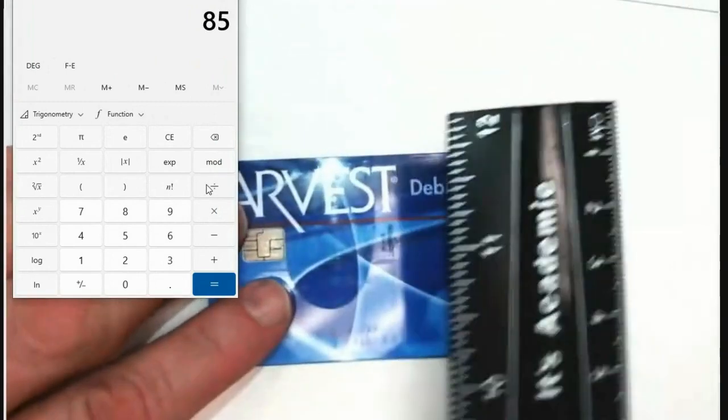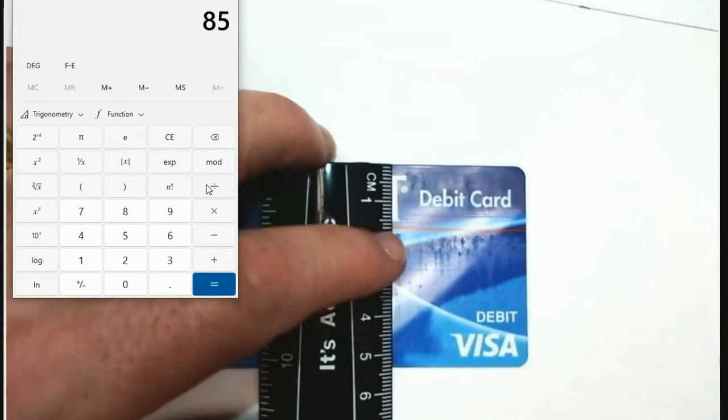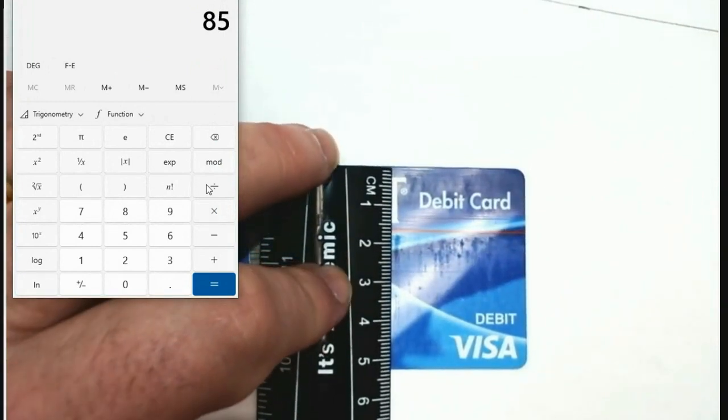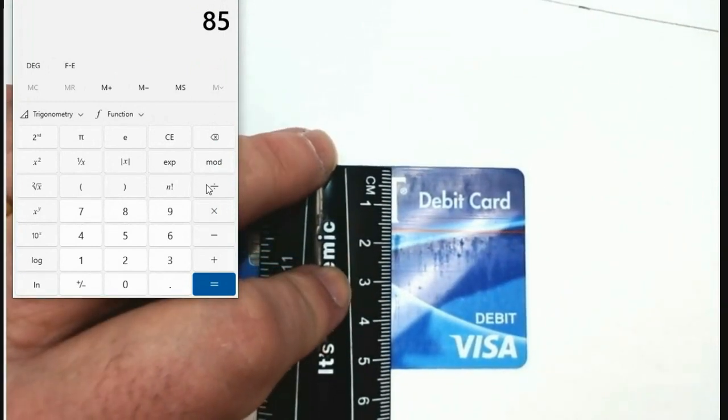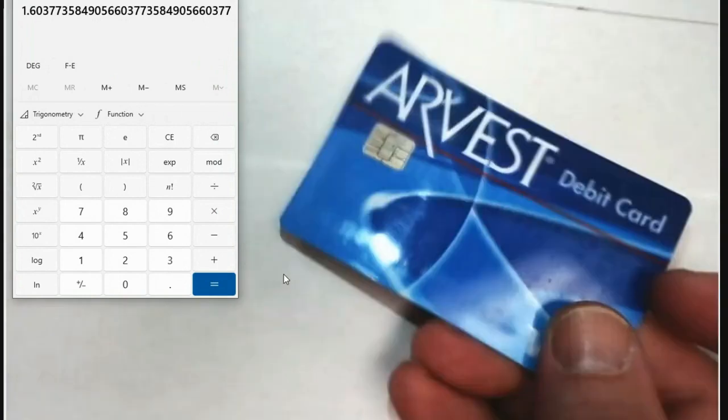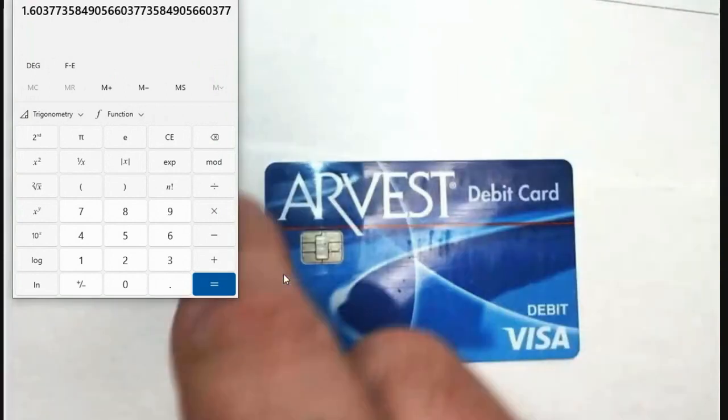And I'm going to divide that by the height of my debit card, which is 53. If I divide 85 by 53, look at that, 1.603. Debit cards, credit cards are that golden rectangle.